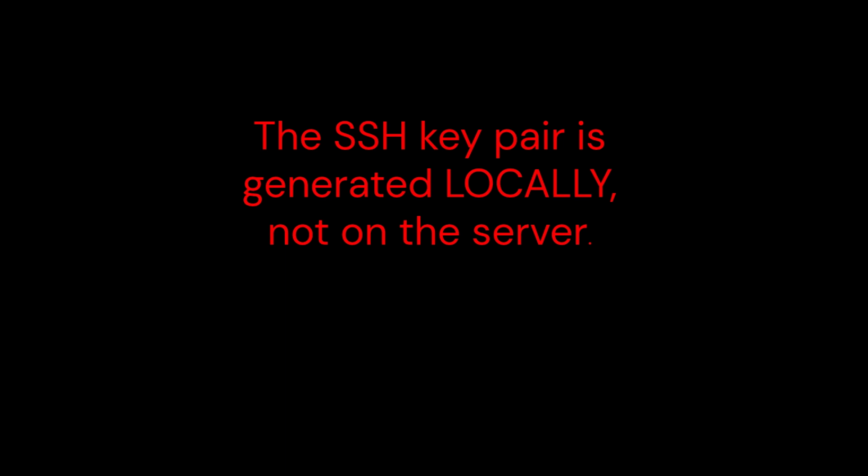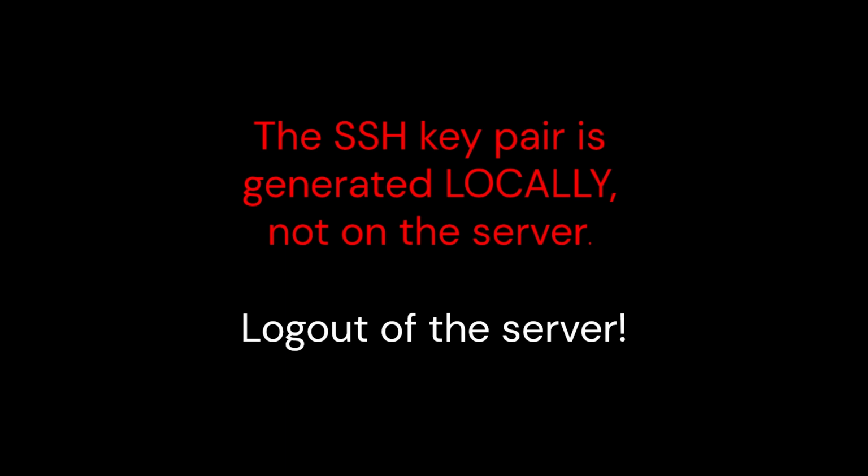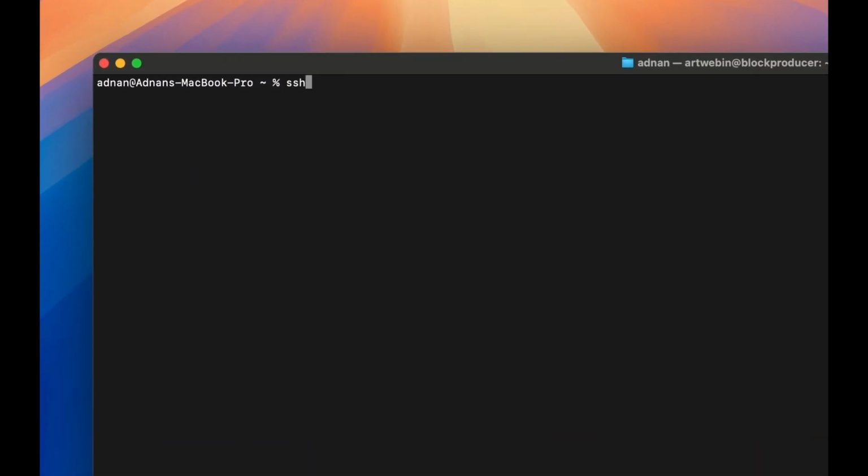The SSH key pair is generated locally, not on your server. You generate your key pair locally on your PC or Mac. You must log out of the server. Back to terminal. First step is to generate our key pair locally on a PC or Mac.